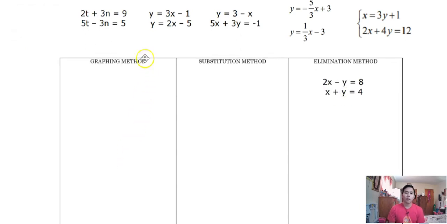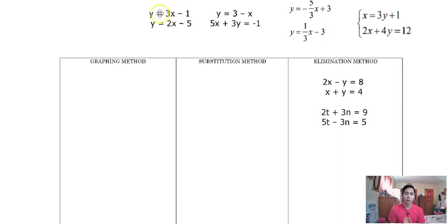Now the second one, again, both equations are written in standard form. Then this one will also go in the elimination method. Use the elimination method if both equations in your system are written in standard form.